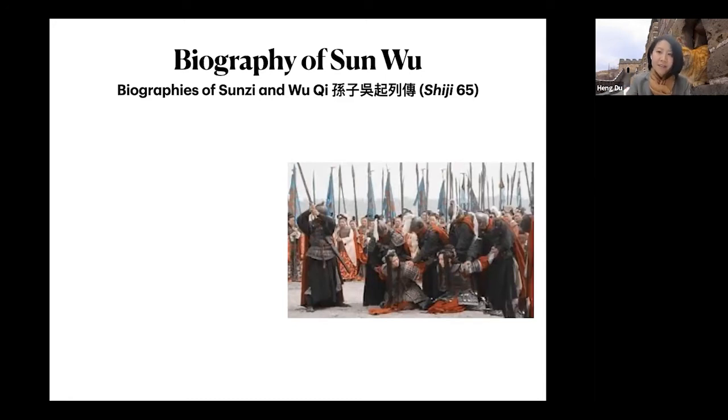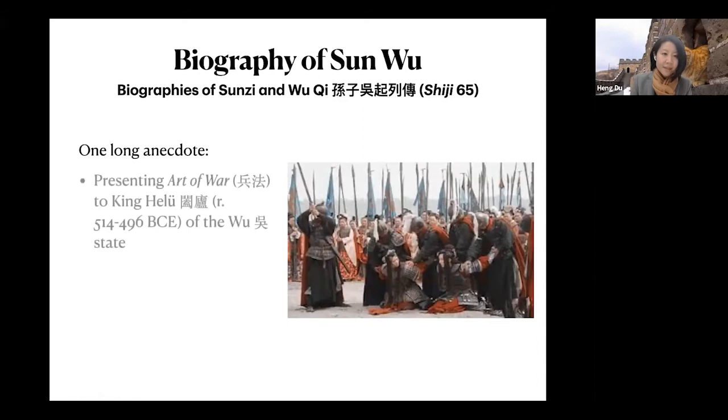And it really just contains one story where Sun Wu basically is having an audience with the king of Wu, King He Lü, and he presents what this text refers to as his art of war, Bing Fa.